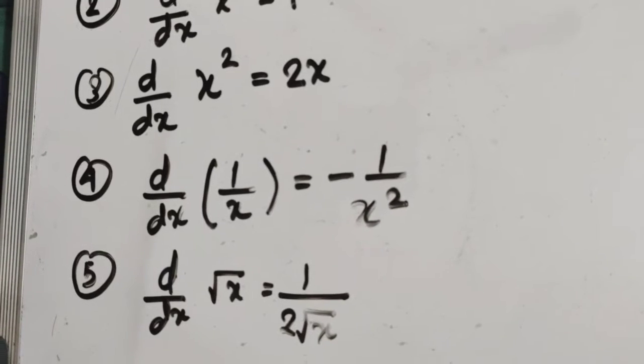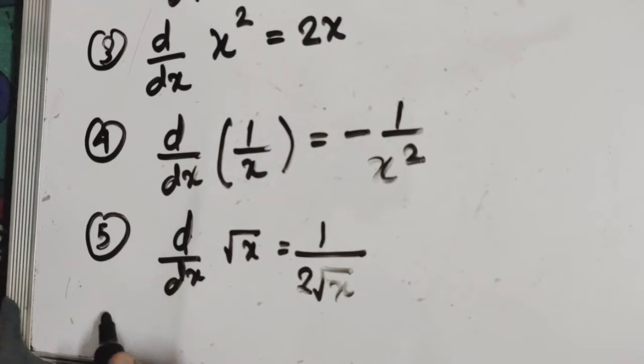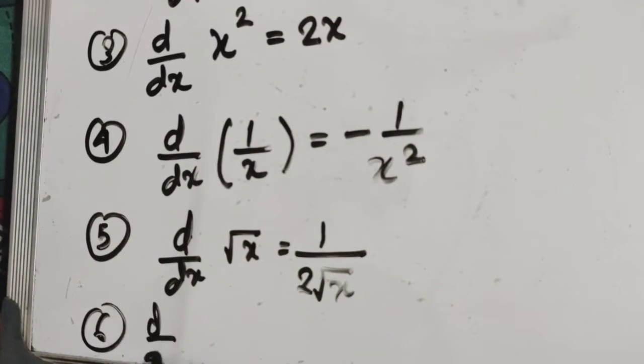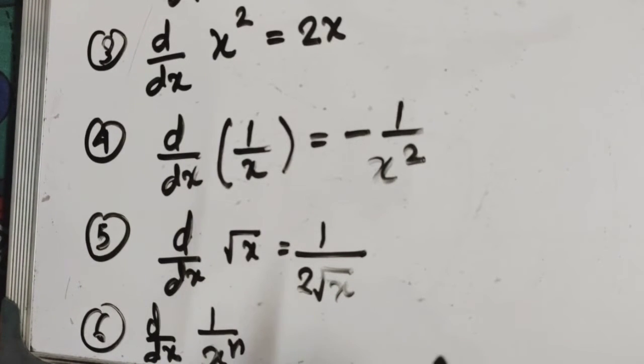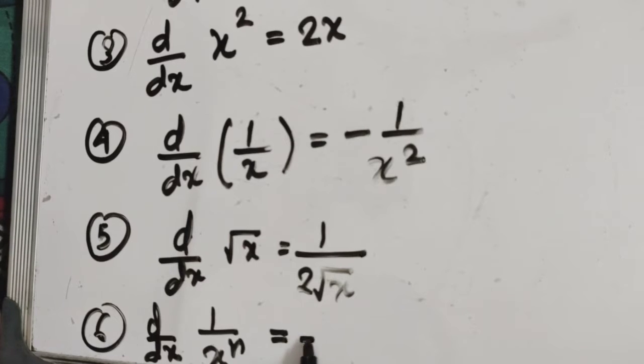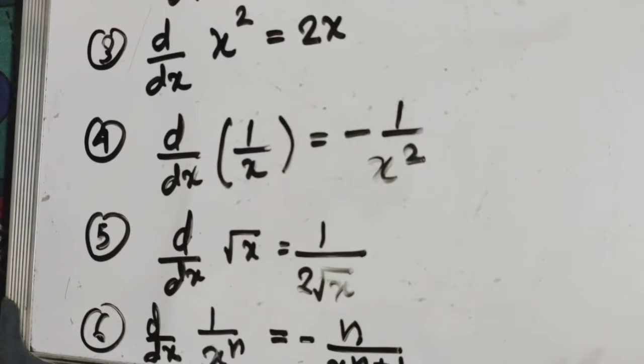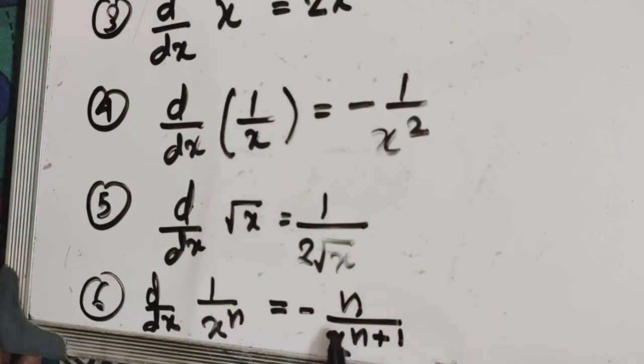Now the sixth rule, d/dx of 1 by x to the power n, the formula is minus n divided by x to the power n plus 1.